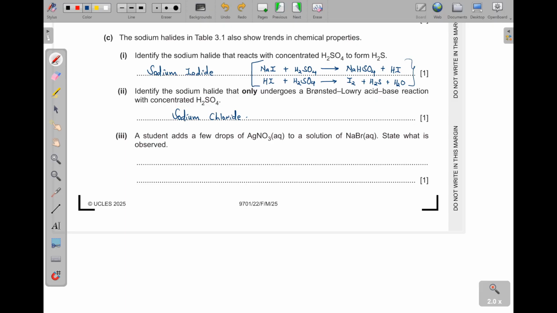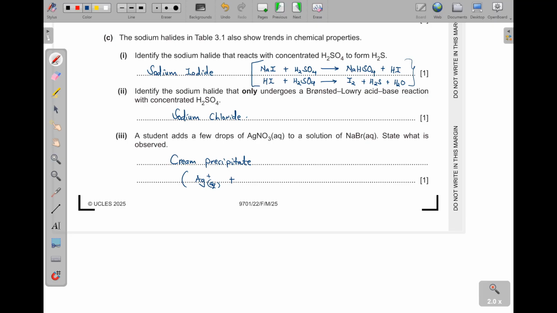Roman 3, a student adds a few drops of silver nitrate to a solution of sodium bromide. State what is observed. Of course, this one has to be a cream precipitate. Sometimes we say off-white. Cream precipitate. From this one, we have silver ions.